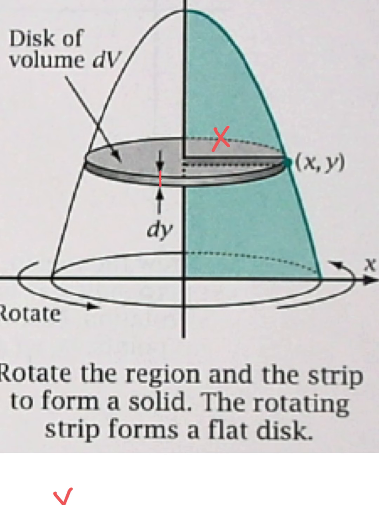Now for the height, again, the height is the thickness of that disk. Because it is a vertical length, that is a difference in y. So the height is a difference in y. We represent that with the symbol dy.